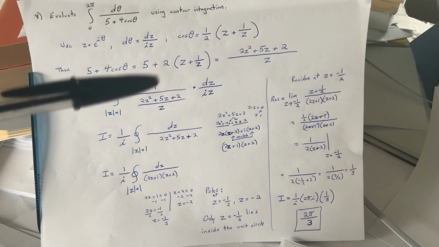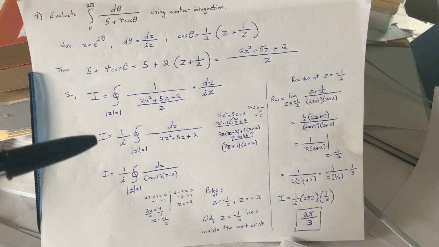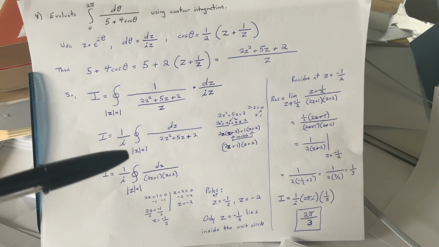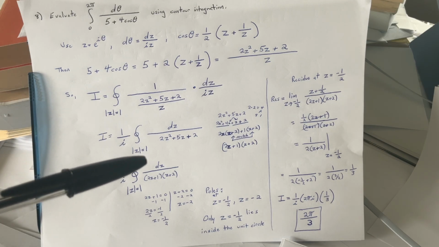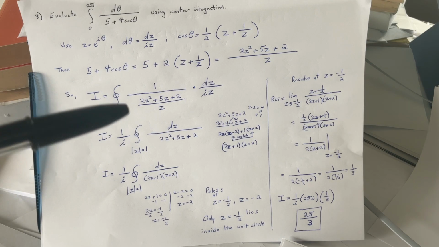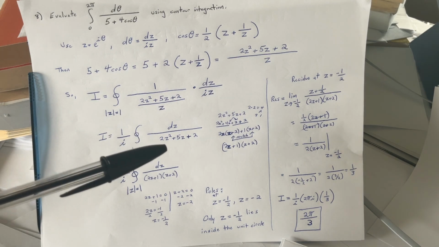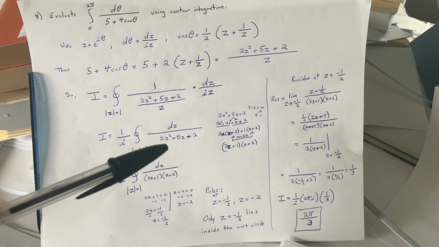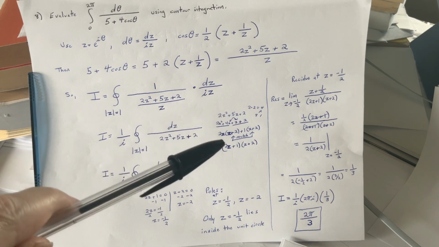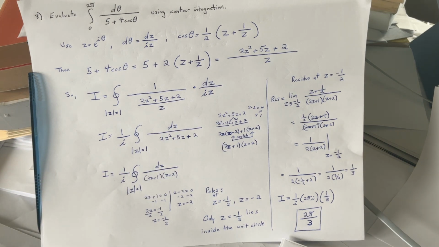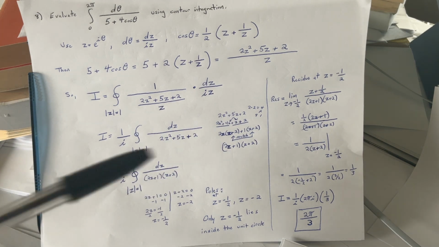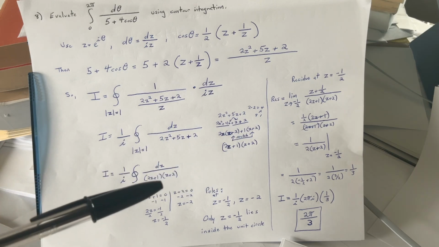Okay, so substituting, now we have I equals 1 over i times the integral over modulus z equals 1 of dz over 2z squared plus 5z plus 2. Now, factoring this denominator, this becomes 2z plus 1, that quantity, times z plus 2. So this we write in factored form.